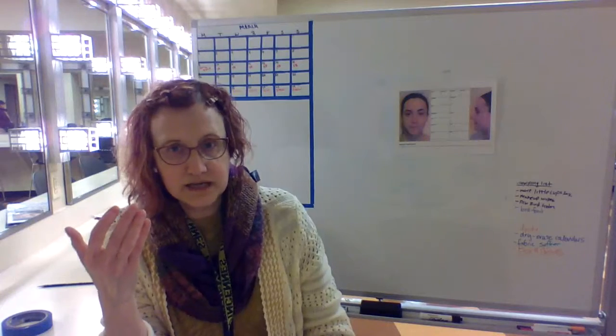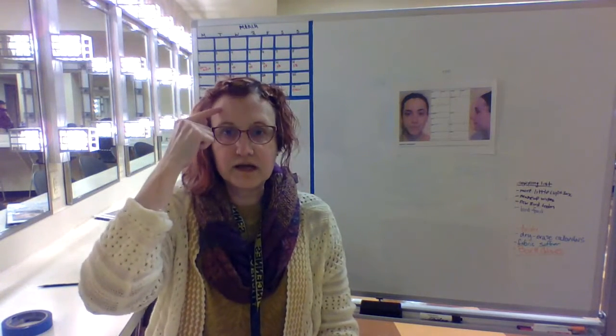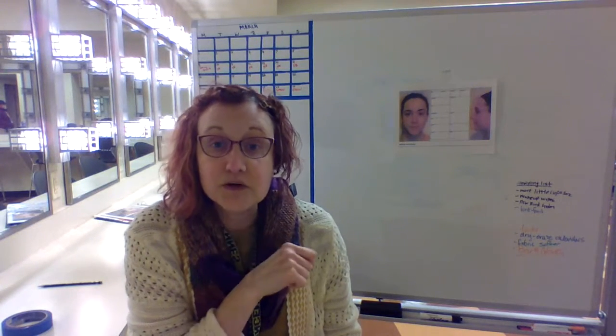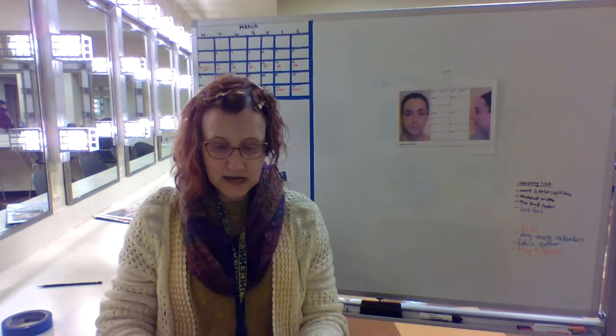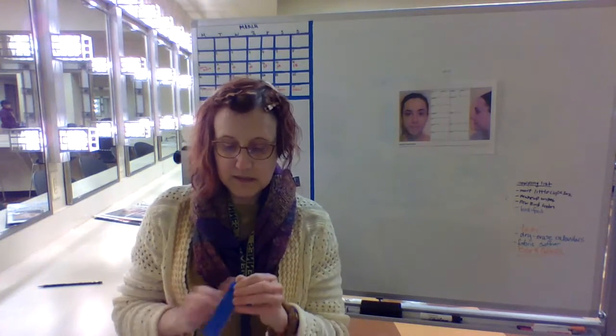So for corrective, probably not going to be overly complicated, but you could draw where the shadow goes if you want to shorten your forehead, or draw how far down the highlight goes if you want to lengthen your nose. And how you do that is if you have tracing paper, and this is just kind of a bonus thing. I know not everybody is going to have access to all of these, but if you want to try it, you can. And then I'll show you how to do it without a photograph.